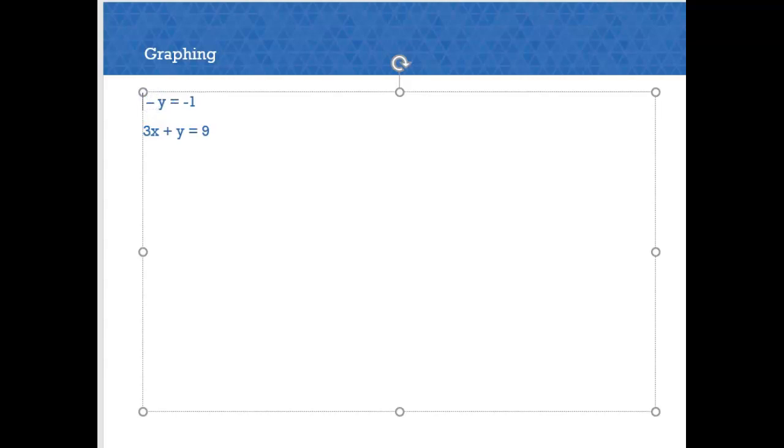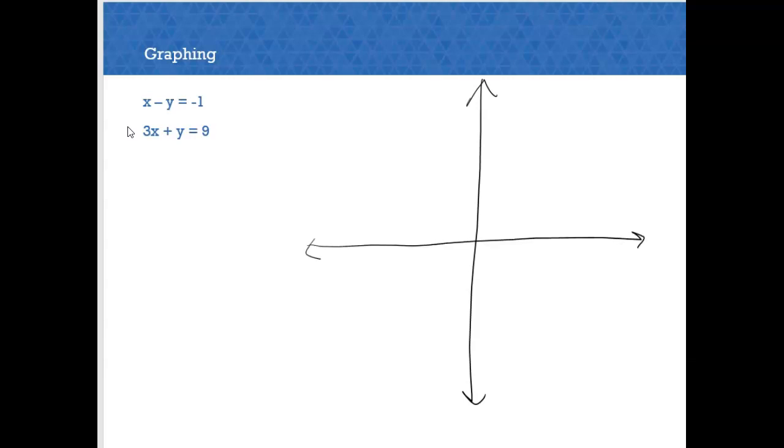All right, so let's review some graphing. We could make a table, which I think would be a little rough. We could do intercepts. So maybe we'll do intercepts today. Or we could rearrange this, but I think intercepts would be a good idea.